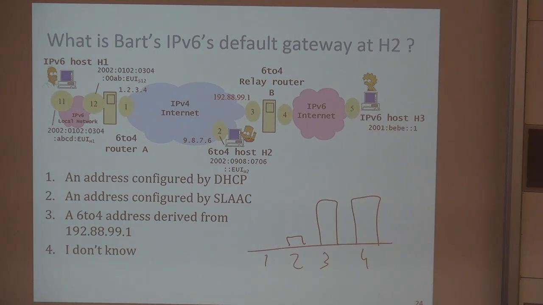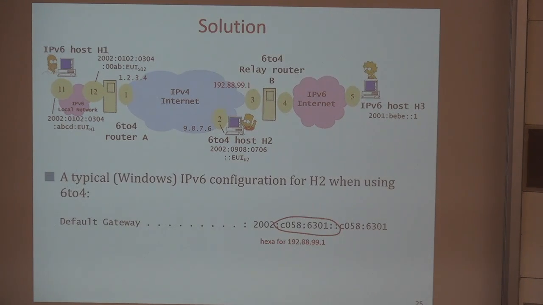If there's only one IPv6 router on link with you, then this one you will adopt as your default route, but here there is not such a thing. So the only thing we can hope is solution 3, which of course has to be statically configured in your software. And this is, for example, what Windows typically does. So if you use 6to4, it will configure this default address here.